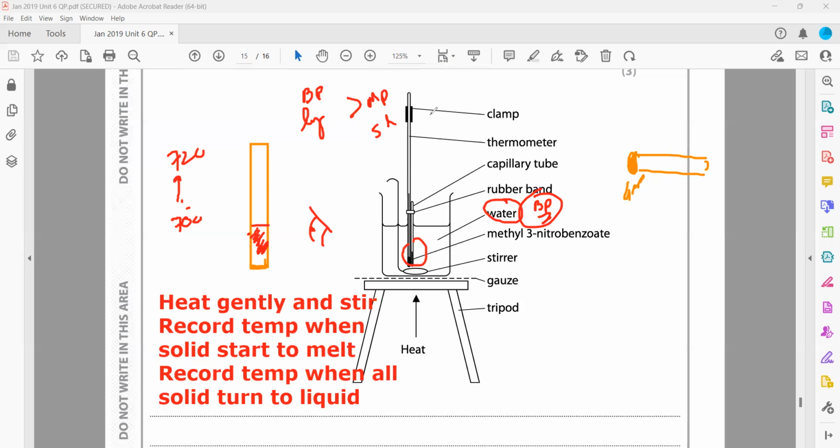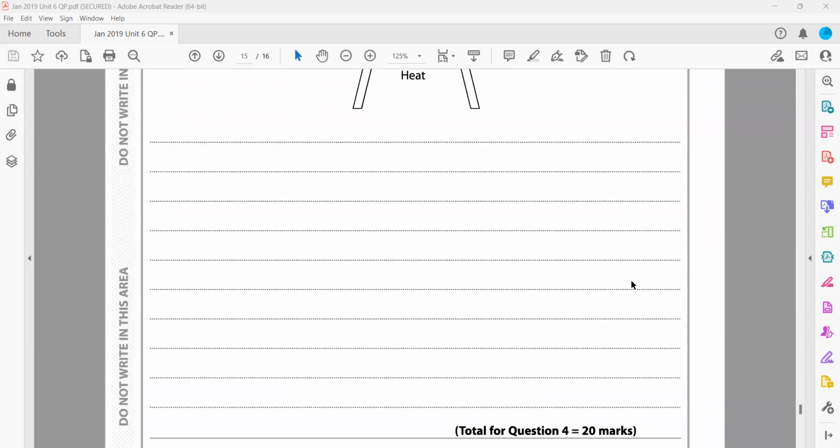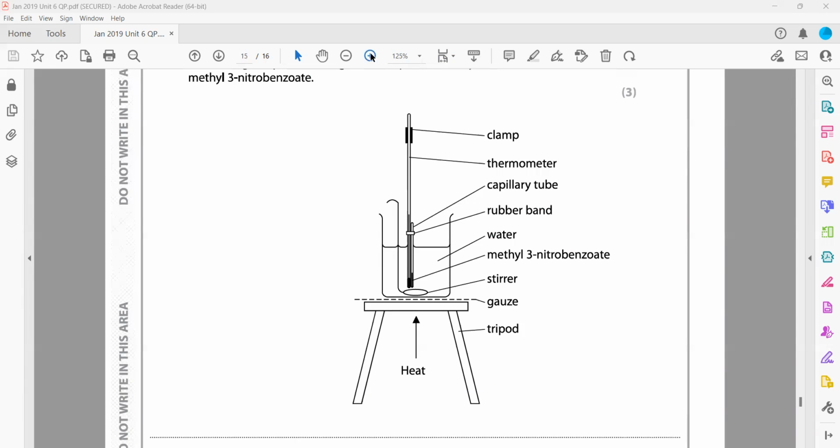Otherwise, if this liquid had a low boiling point, most of the liquid would evaporate and it won't be accurate. If the boiling point of the liquid is lower than the melting point, we won't reach the melting point, and before that, all the liquid will evaporate. And it should be a clear liquid so that we can easily read the scale on the thermometer.